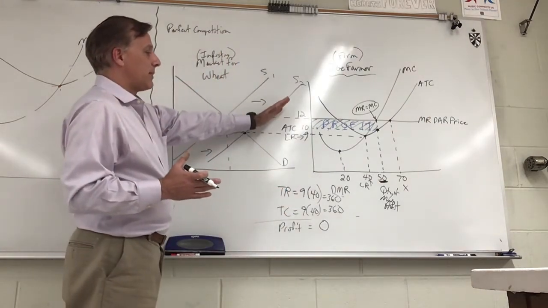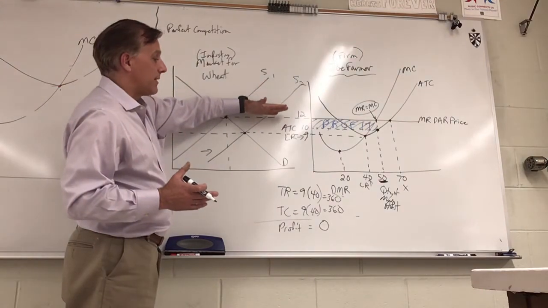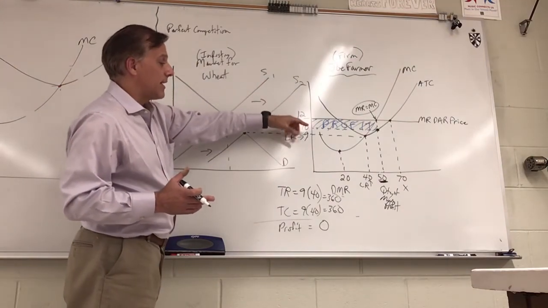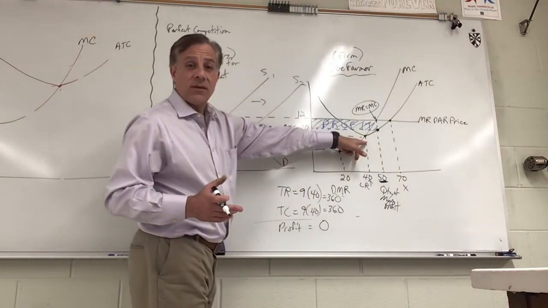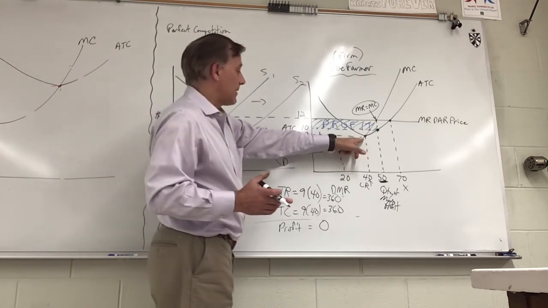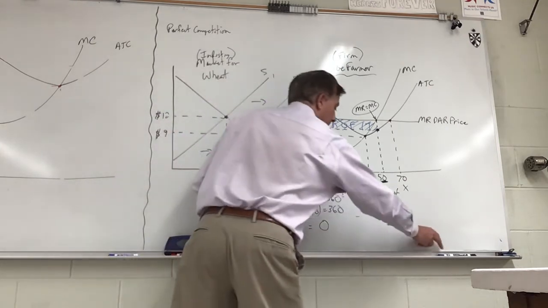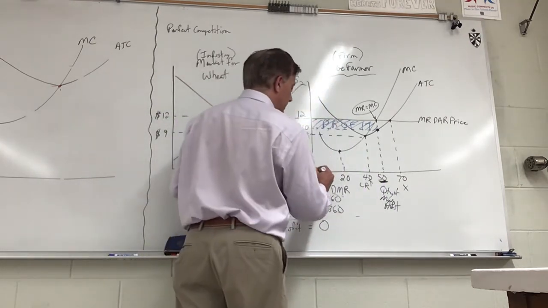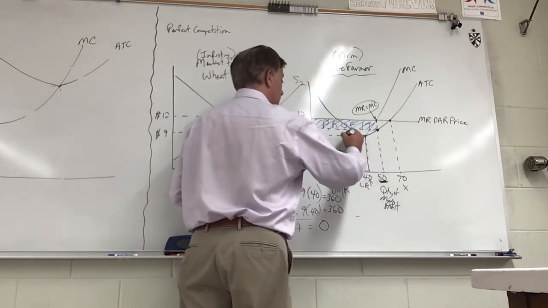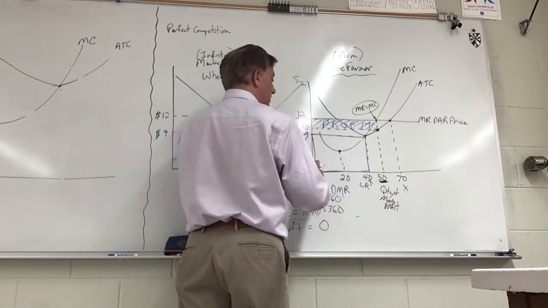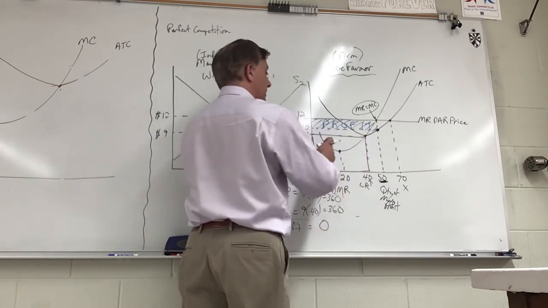There's profit to be made. Firms join, supply increases, bringing the price down past even this $10 all the way to where marginal cost hits average total cost. And I'll just quickly outline, this will be my long run total revenue and total cost are both represented by this rectangle.